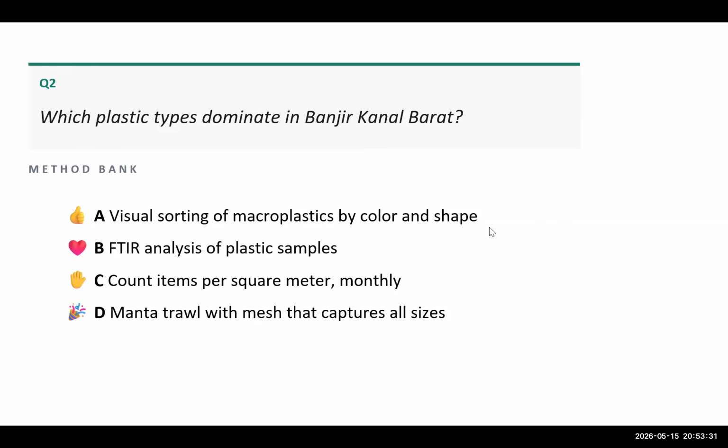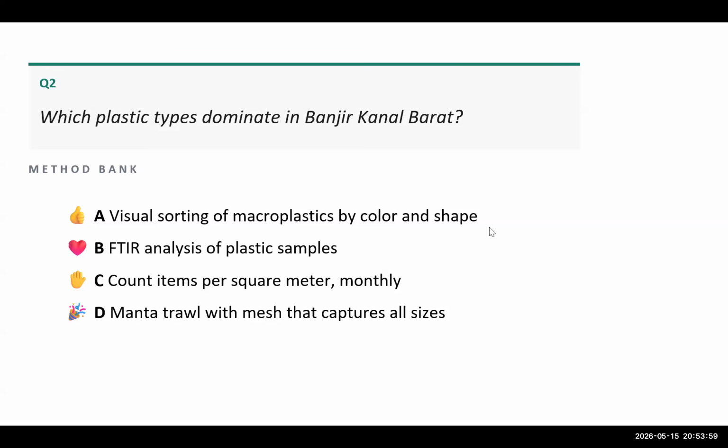Because we want to analyze the plastic types, that means the polymers: polyethylene, polypropylene, nylon, polystyrene. The visual sorting by color and shape gives us some information, but it's not the same information. So option B is the best one. It will identify exactly what kind of plastic is dominating.